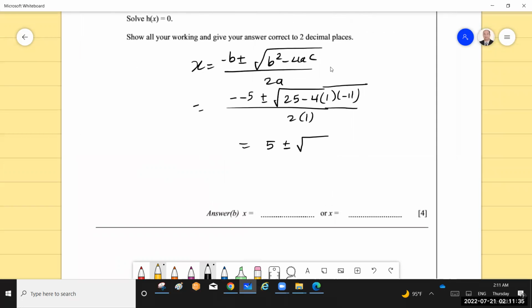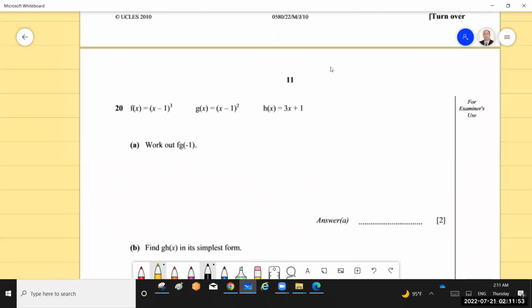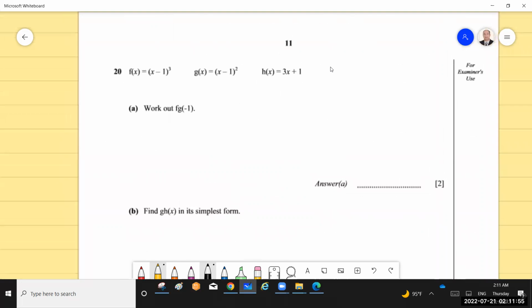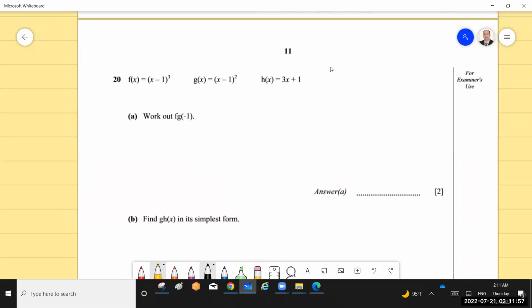You have 25 plus 4 times 11, because minus negative will be a positive number, 44, so you have 69 here. And you can use a calculator to solve 5 plus root 69 over 2 and 5 minus root 69 over 2 and write the answer here. It's very easy.